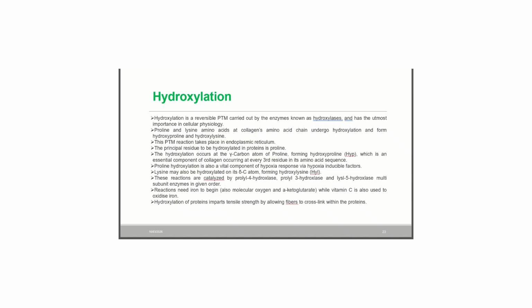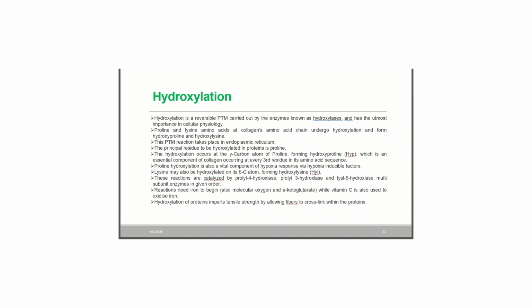Hydroxylation is a reversible post-translational modification carried out by the enzymes known as hydroxylases and has the utmost importance in cellular physiology. The targeted amino acids are proline and lysine.